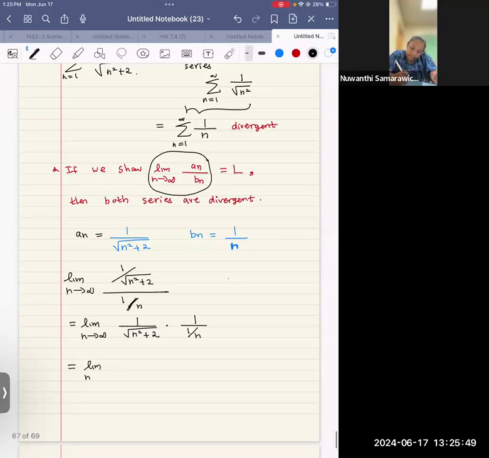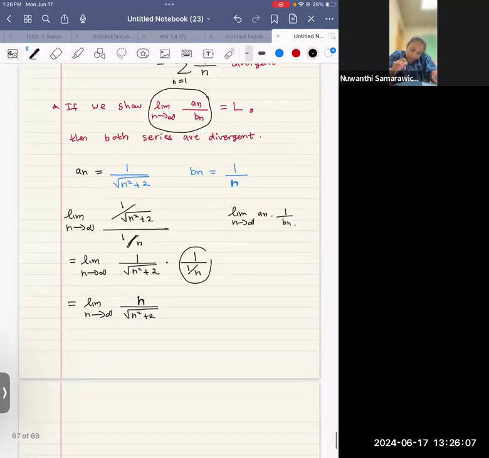I write it like this, and multiply by 1 over b sub n. That's why here, square root of n squared plus 2, multiplied by this whole thing, is like n. Then what can we do? We can divide all the terms by n.